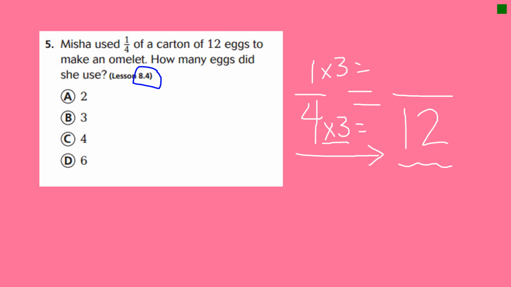What's 1 times 3? 3. Right? So equivalent fractions don't always have to be division and simplifying, but that's what you're doing a lot of. Equivalent fractions can also be made by multiplying. Okay? So she used 3 eggs.